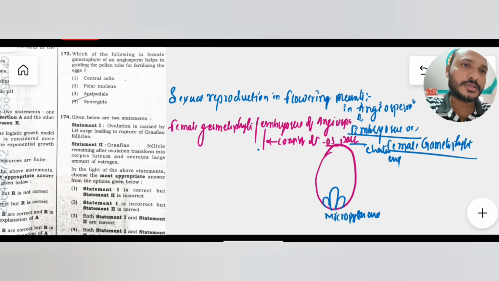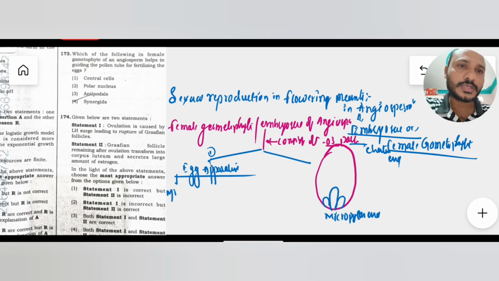So the first and most important part is the egg apparatus. The egg apparatus is present towards the micropylar end, and it consists of two important structures.